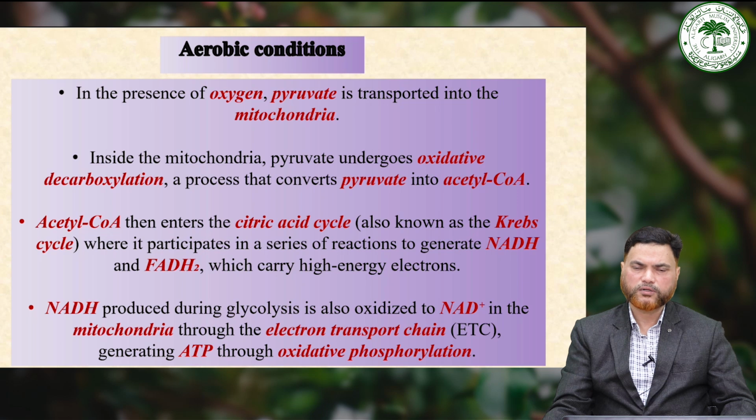These molecules carry high energy electrons. Additionally, NADH generated during glycolysis is oxidized to NAD within the mitochondria through the electron transport chain. This process leads to generation of ATP through oxidative phosphorylation.